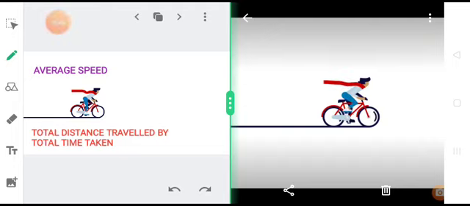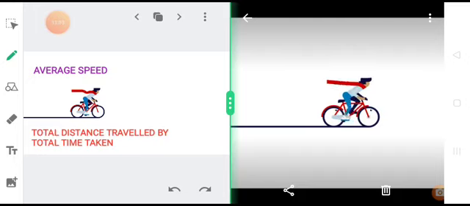Now, for considering the distance traveled by an object over a large duration of time, measuring the speed of the object at every equal interval or within small gaps of time is not possible. In those situations, we usually consider the average speed.